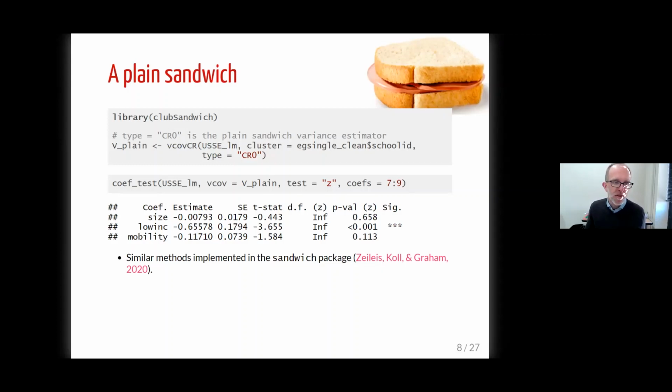So the answer there is to use whatever techniques you're used to using for setting the scale of the regression coefficients, and then feed this into clubSandwich to get the standard errors calculated appropriately.